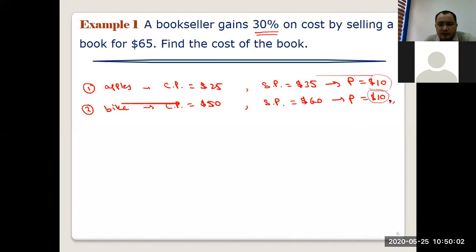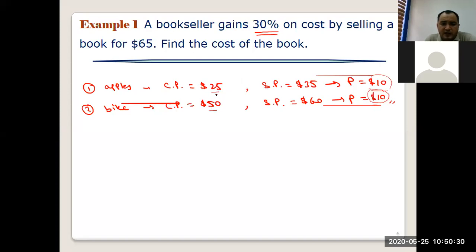But when we compare this to their investment, this guy is spending $25 and earning $10. And this guy is spending $50 and earning only a profit of $10. But here, this guy, instead of buying a bike, if he invests his money on apples, he can buy 2 boxes of apples, right?